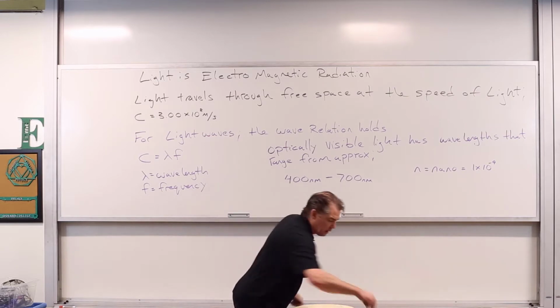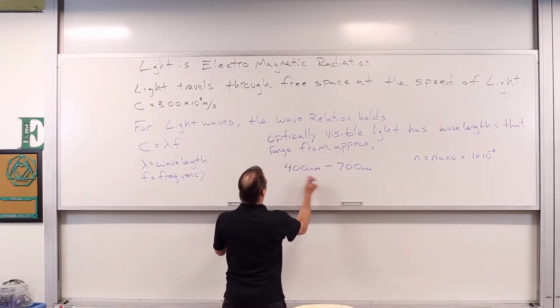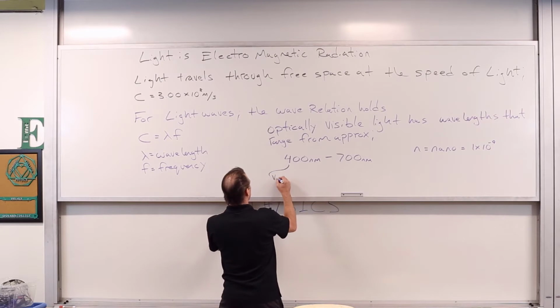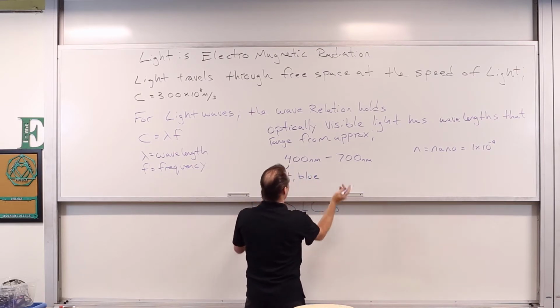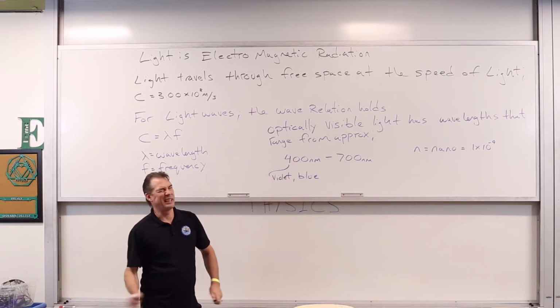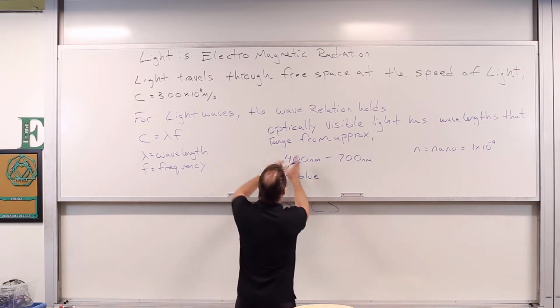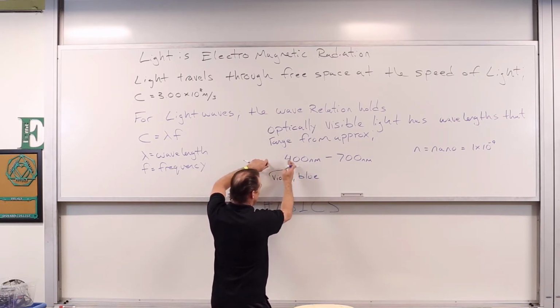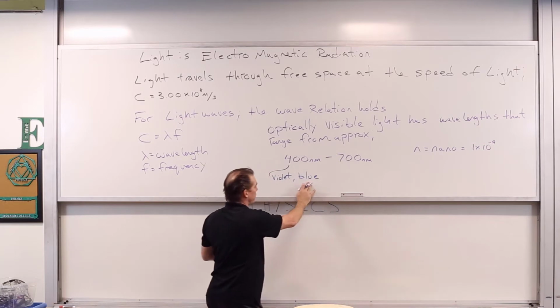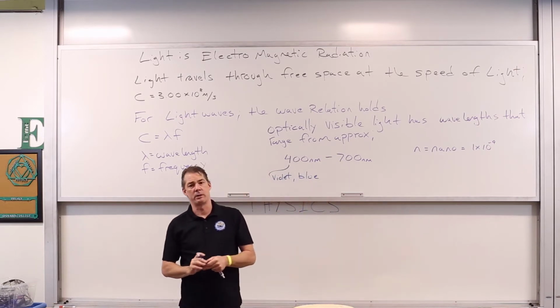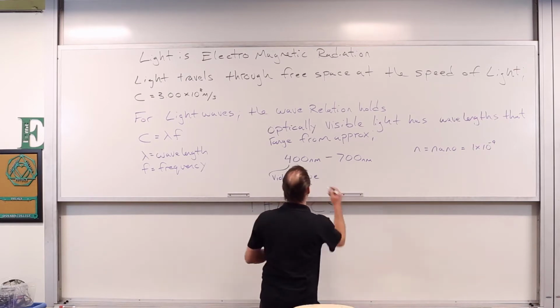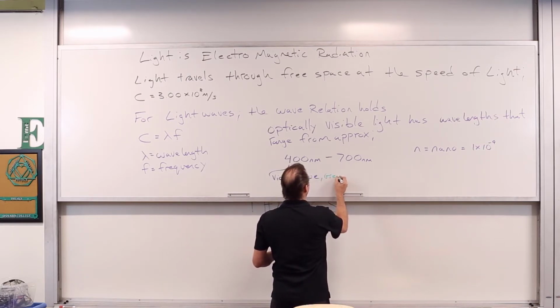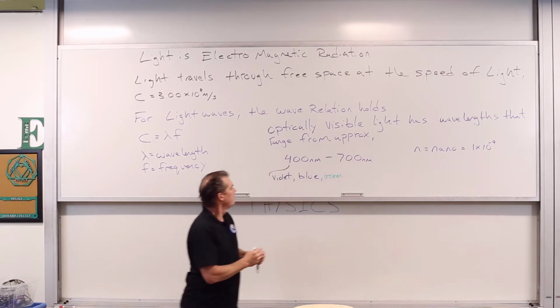Over here, in the 400 nanometer realm, we've got violet, blue, and then, well, we kind of got rid of indigo, but that's okay. The violet end is the 400 nanometer end. As you start increasing a little bit, you get towards the blue, and then you get towards the green. And then what?